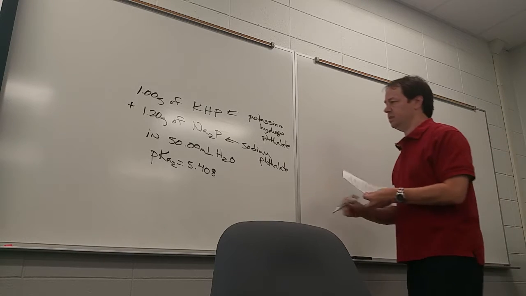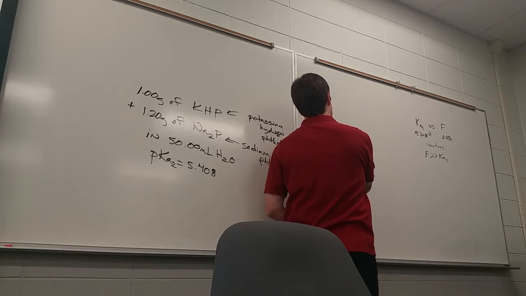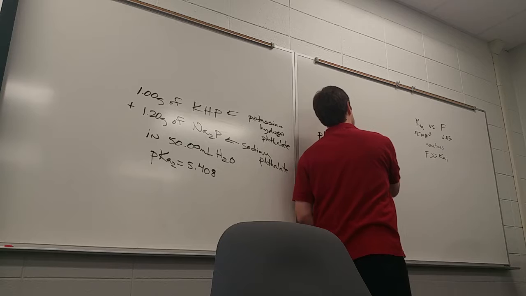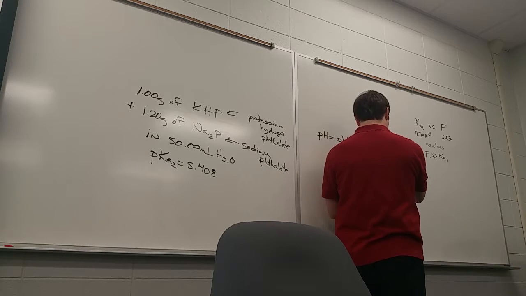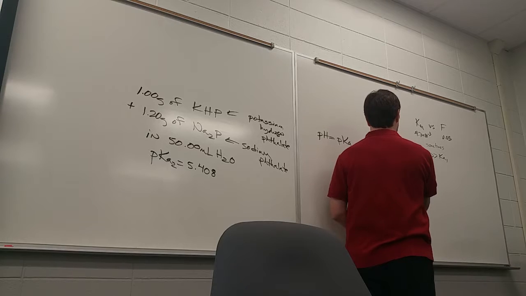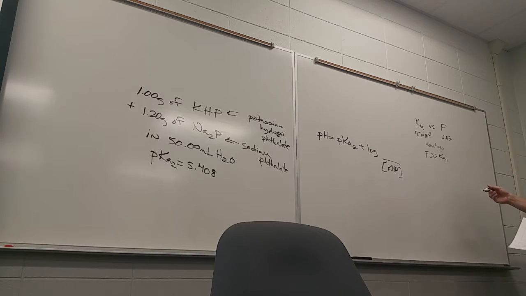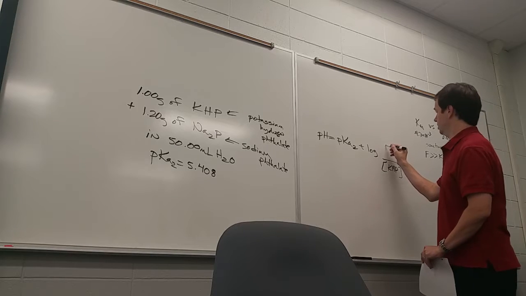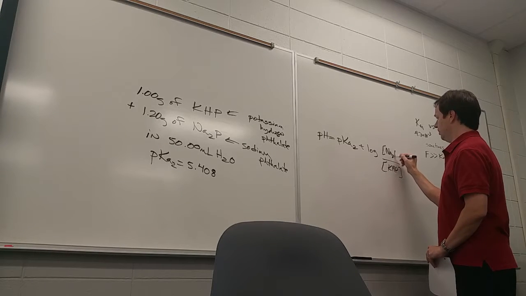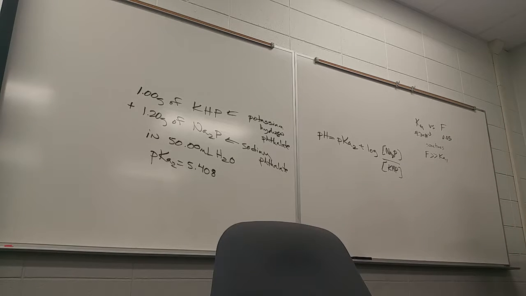But let's plug all this into the Henderson-Hasselbalch equation that we just generated. So this would be pKa2 plus the log of, and this would be KHP, the acid form, the intermediate form, but the acid all the same in this equation. And then this would be the base form, the Na2P.